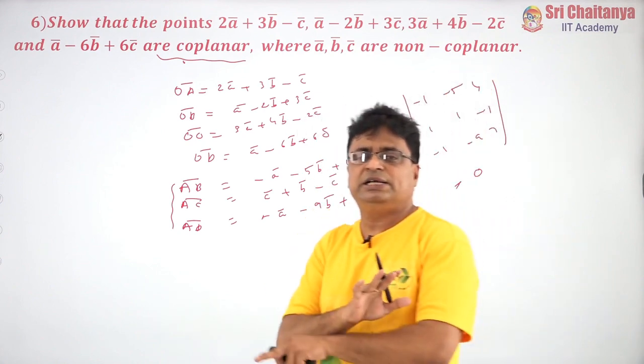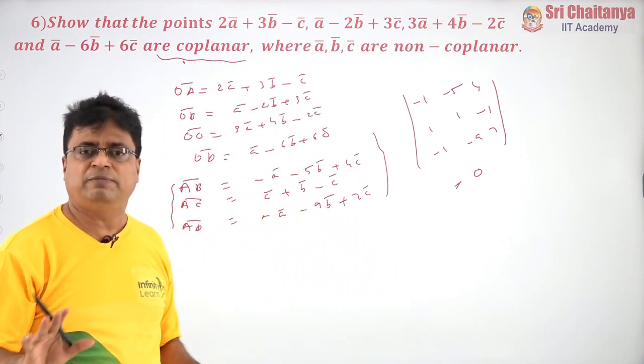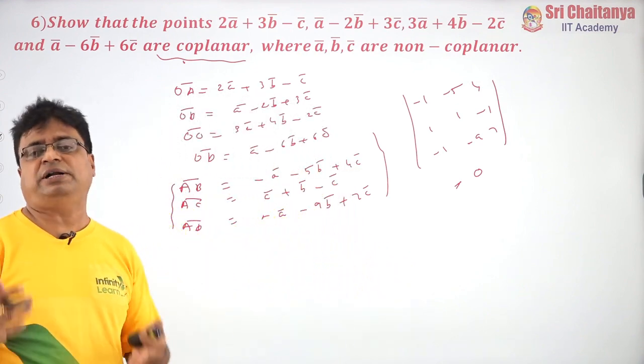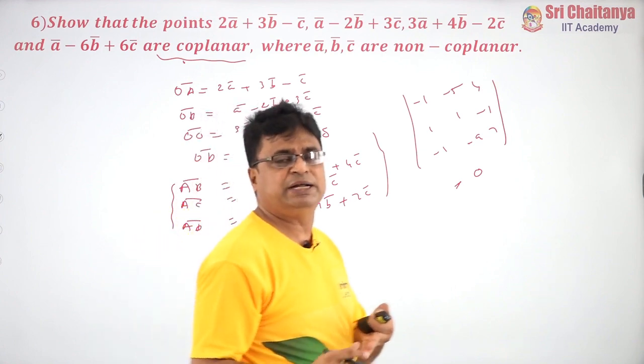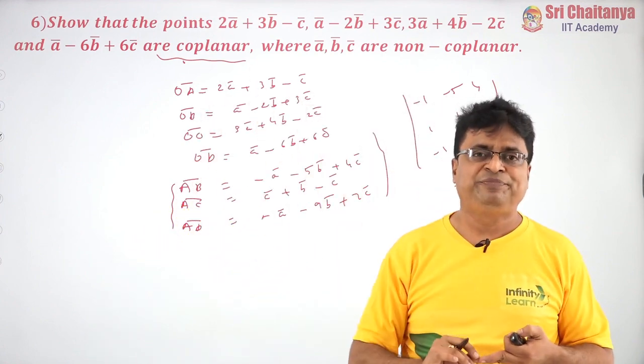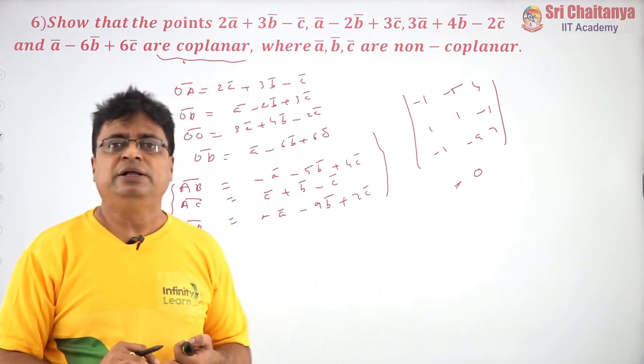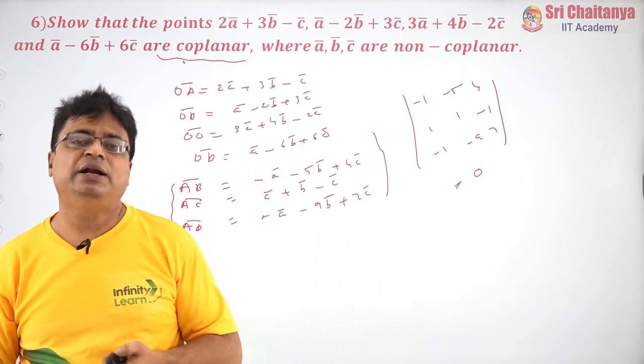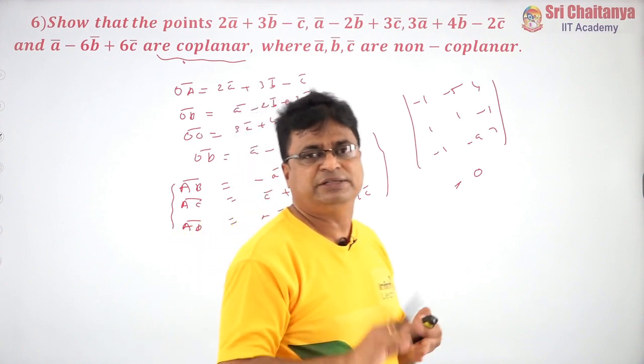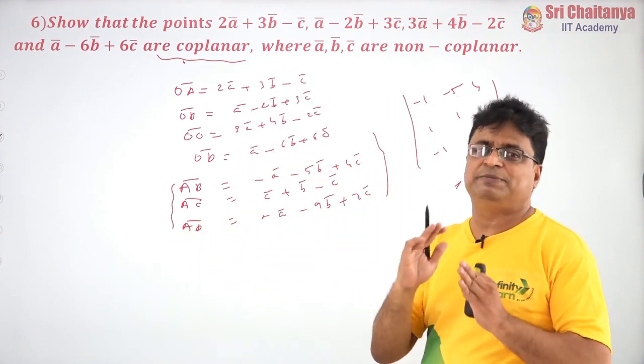For points, it is not applicable. Be careful, because in the definition of linear independence and dependence, the vectors are said to be linearly independent, the vectors are said to be linearly dependent. They never say that the points are said to be linearly independent or dependent. Please try to understand the difference between the two.